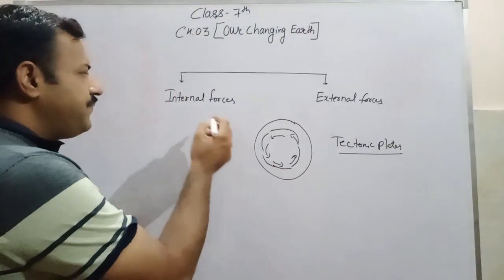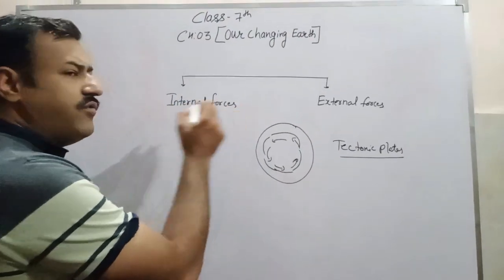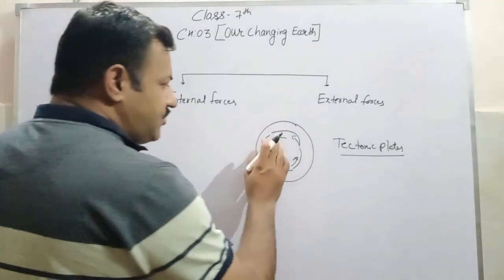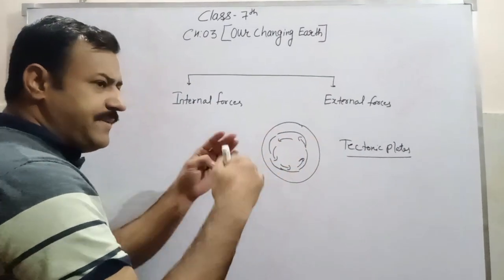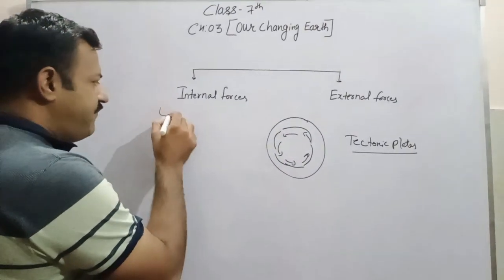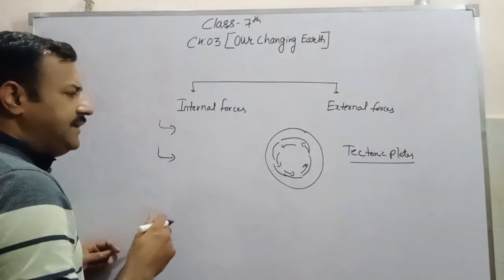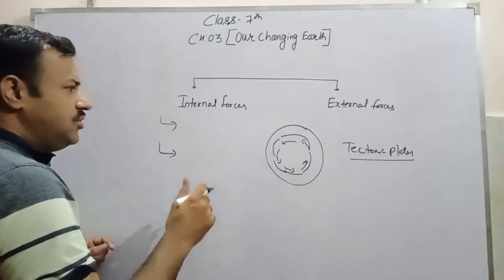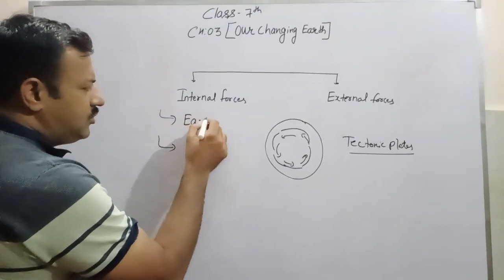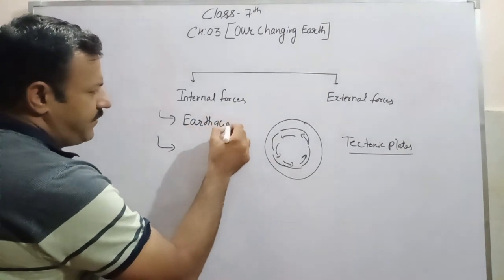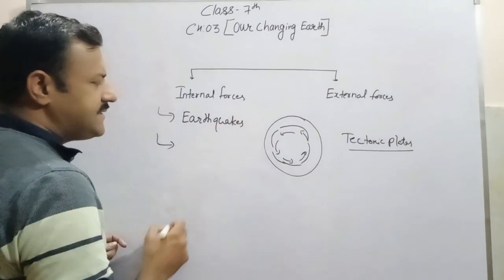First of all, let us discuss internal forces. So after studying this circular motion of magma and disturbance in tectonic plates, you would have a better understanding that because of this magma movement, two types of things happen. Earthquakes are happening. What are earthquakes?